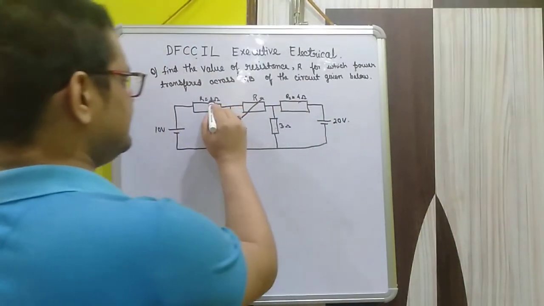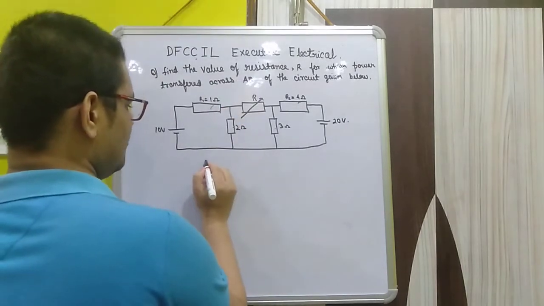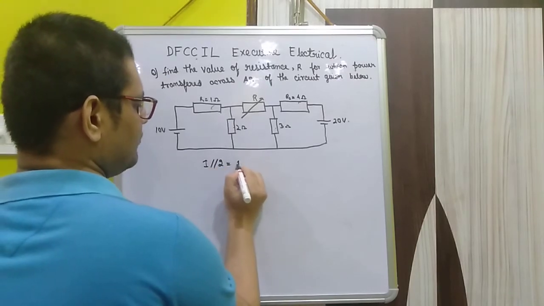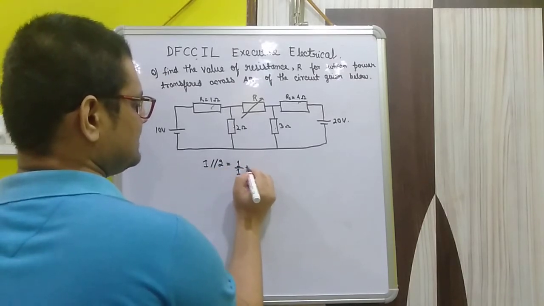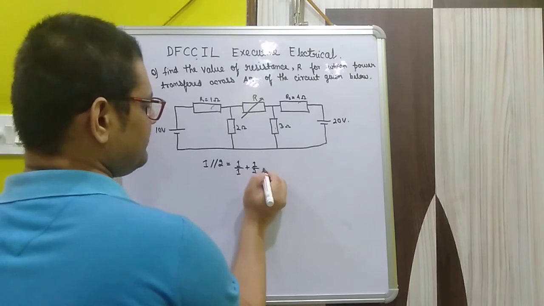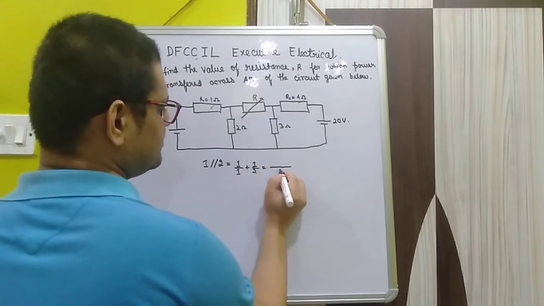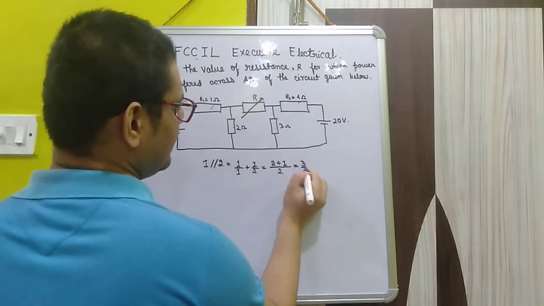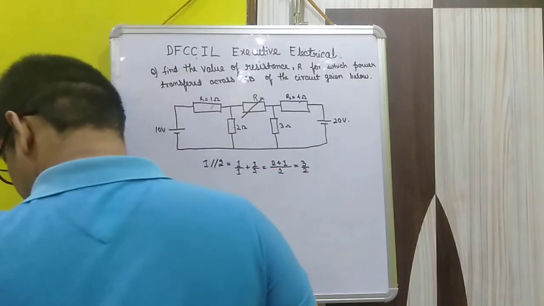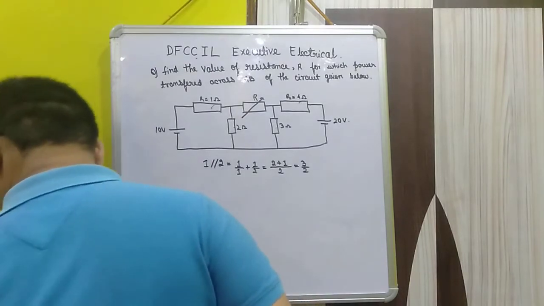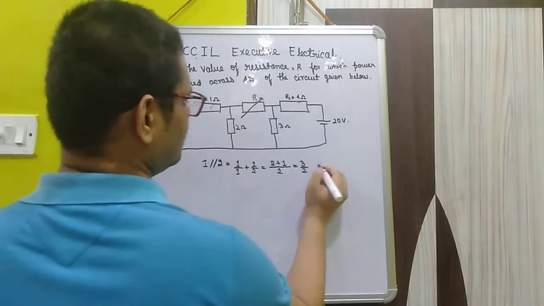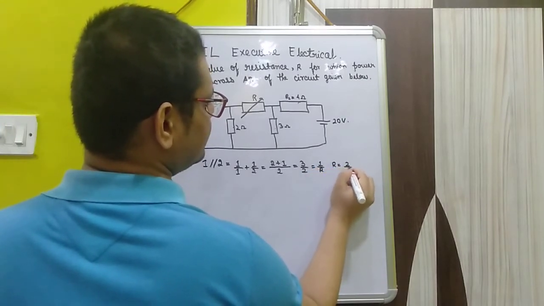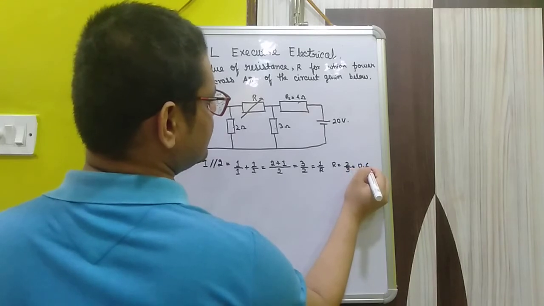We take 1 parallel to 2, so 1 by R equals 1 by 1 plus 1 by 2, that is 3 by 2. So R will be 2 by 3, that is 0.66.